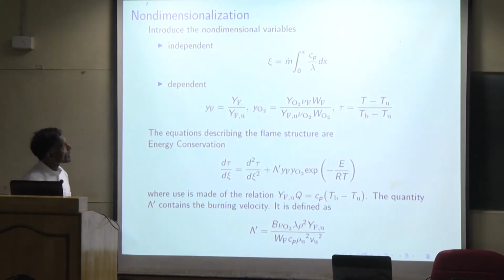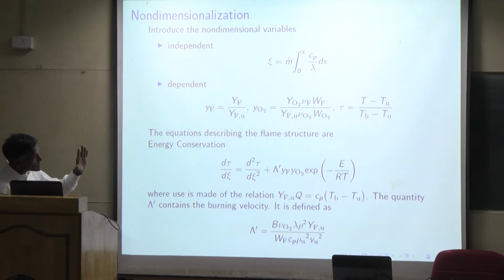Okay, so now we need to do the classical asymptotic analysis. We need to find characteristic length scales. Now this is the characteristic length. So this is the non-dimensional coordinate. Okay. Now, what is this particular integral? Well, if you assume that lambda and Cp are constants, it's simply m dot Cp over lambda, okay?